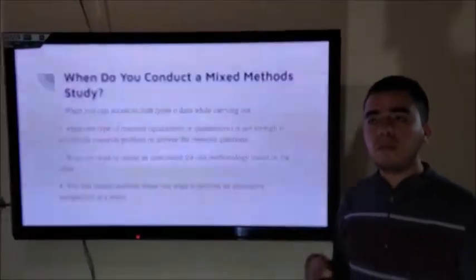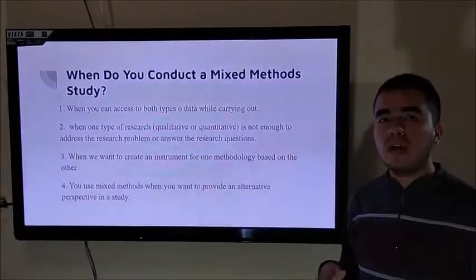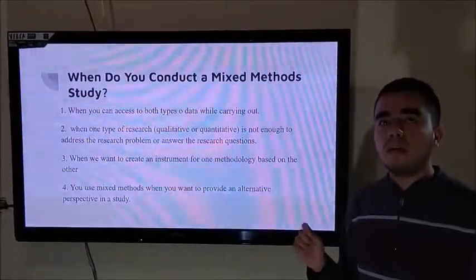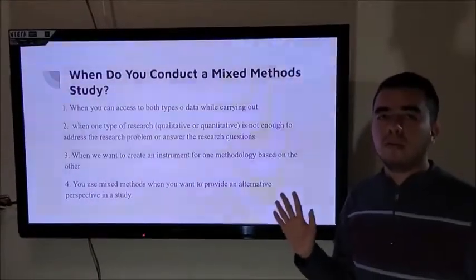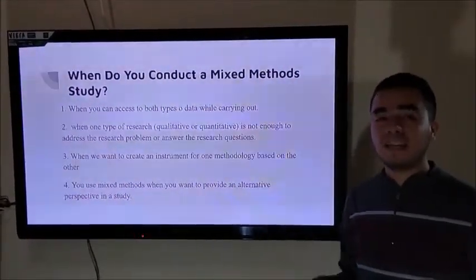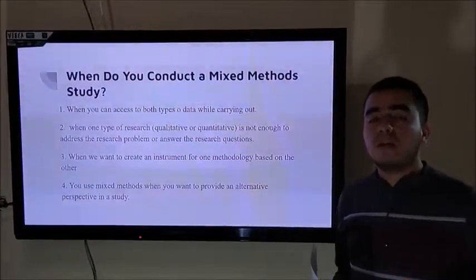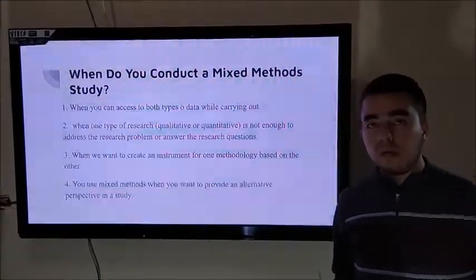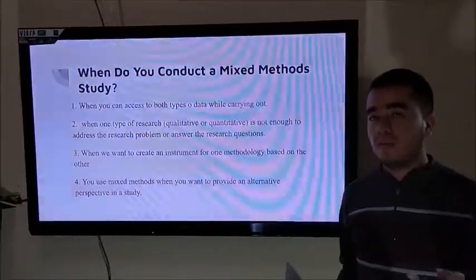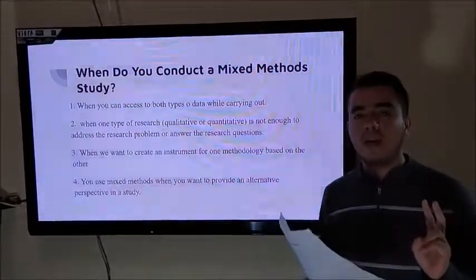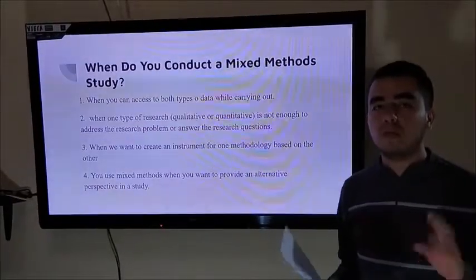So you can first pilot an interview about what questions people would like to be asked in a survey on this topic. So you are taking advantage of the qualitative part to construct the instrument for collecting the quantitative part. You see how these two methodologies work together.